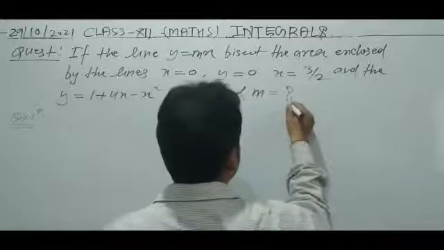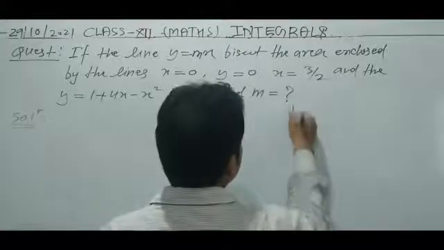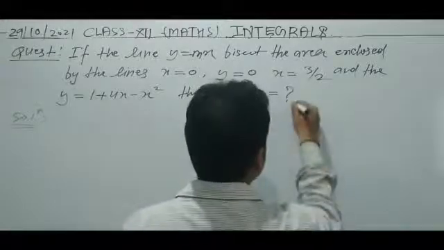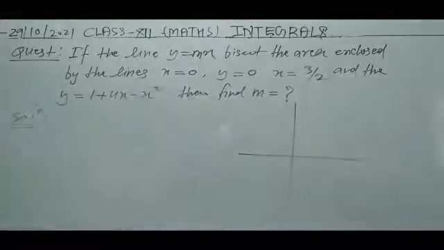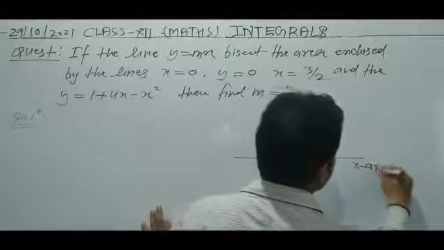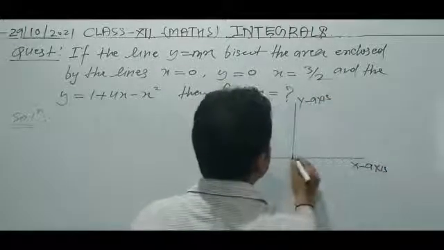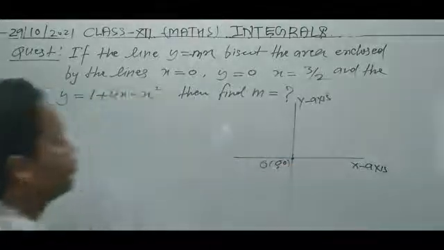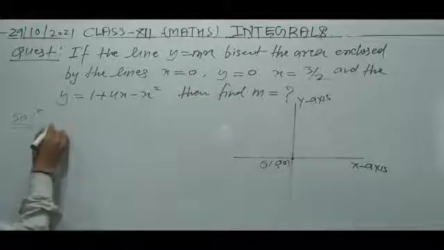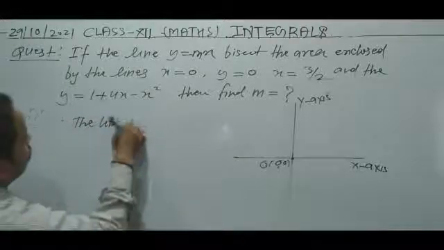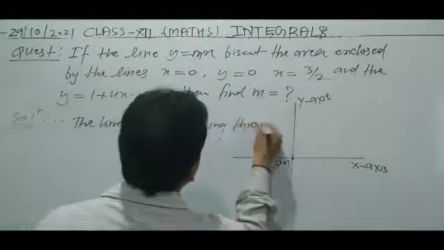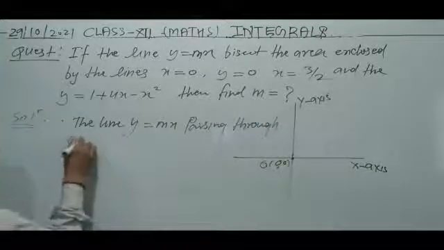First of all, I am going to draw the axes. This is our axes, x axis, y axis, this is the origin, coordinate 0, 0, and the line y is equal to mx passes through the origin.